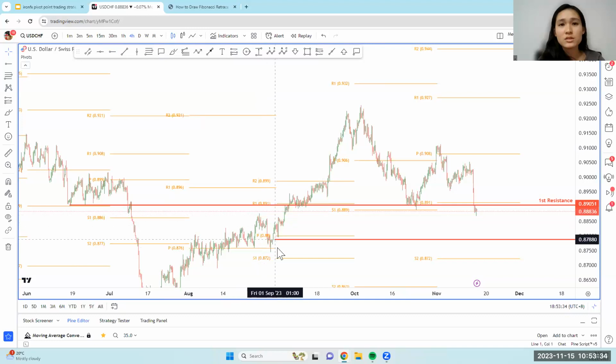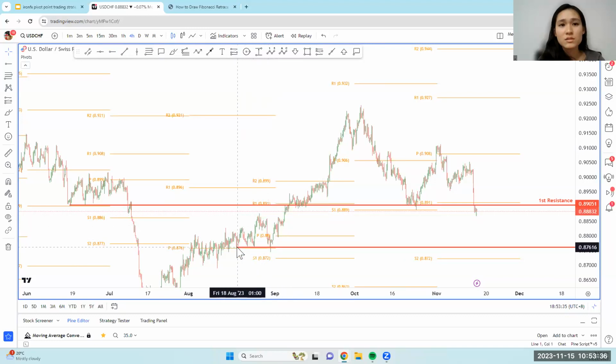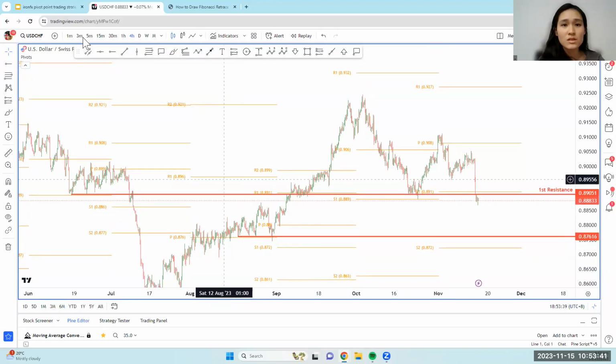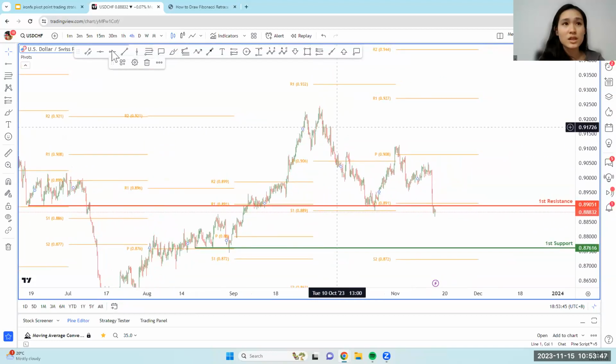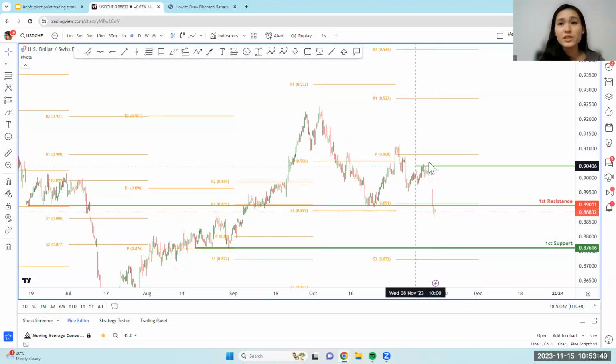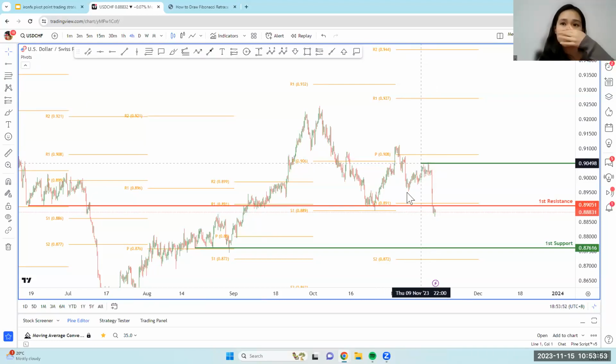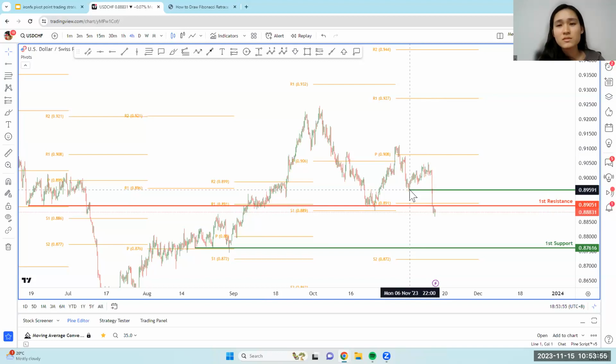And our swing low, maybe over here. Okay, this is our first support. Second support, I mean first resistance, maybe just here.